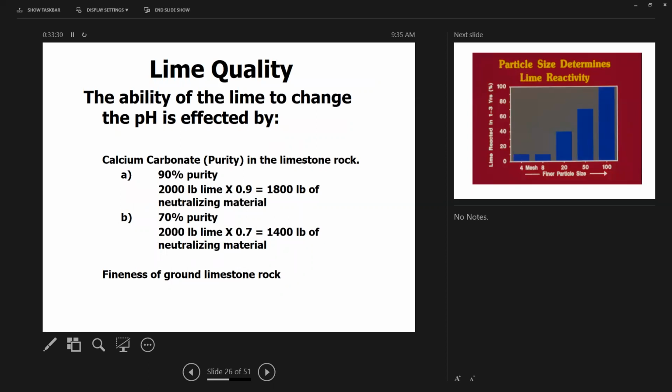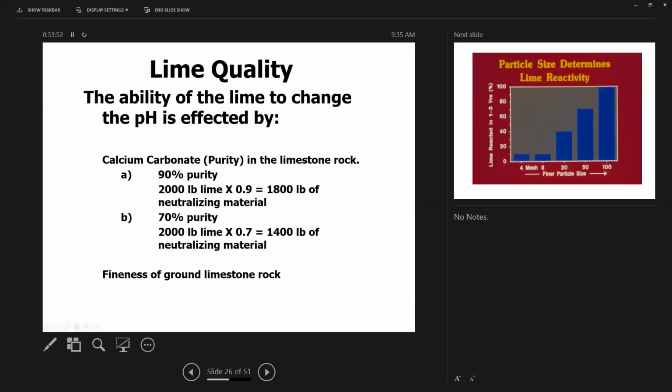So what goes into lime quality? Well, it is 2 things. The first one is the purity, the calcium carbonate equivalent. So, for example, a good rock might be 90% calcium carbonate.